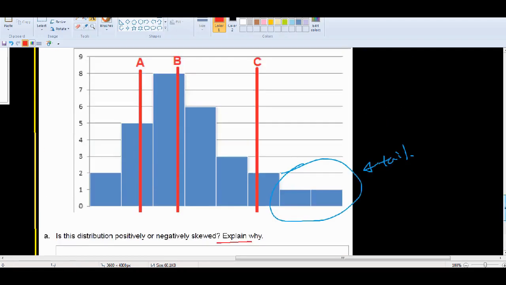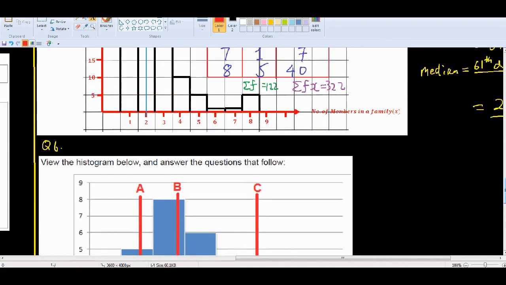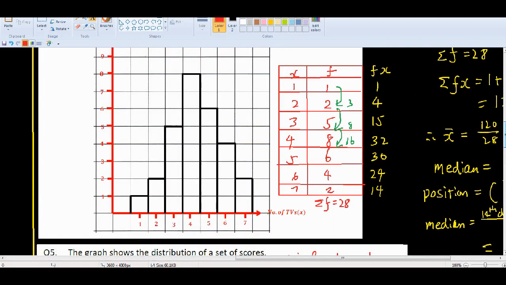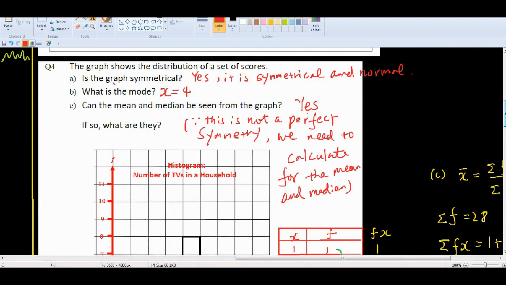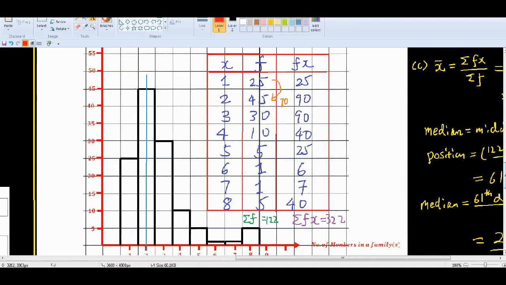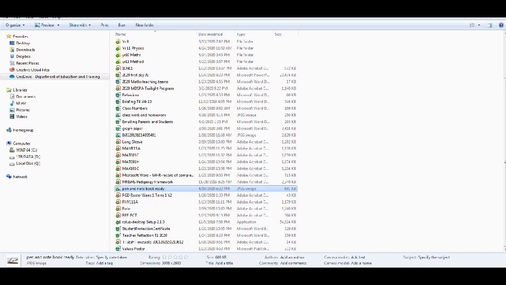That's all about this video. We've done different kinds of distribution: symmetrical and skewed distributions, and we also learned how to apply our previous knowledge of finding mean, median, mode to different types of distribution. You need to be aware of the relative position of mean, median, mode when it comes to different types of distributions.